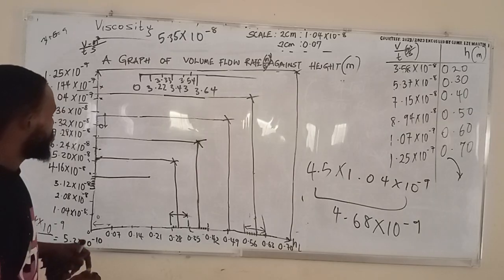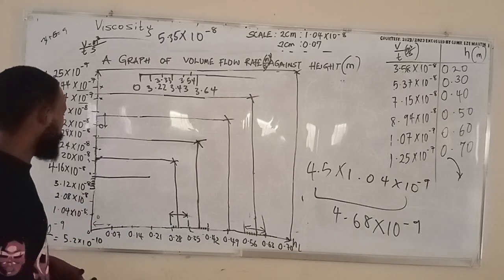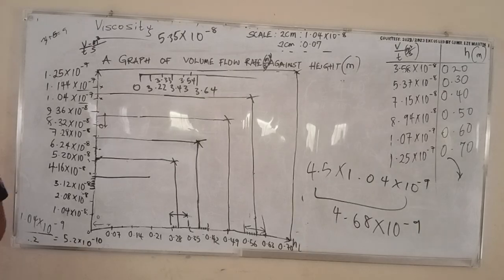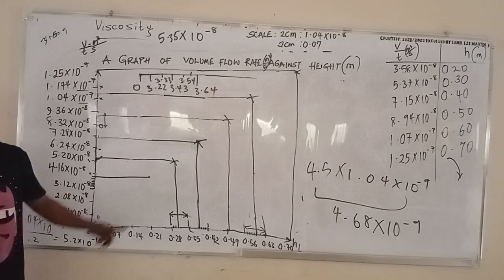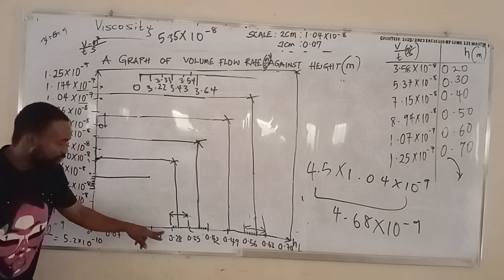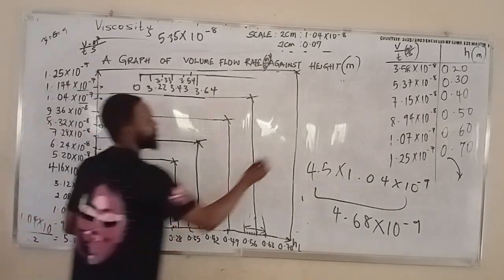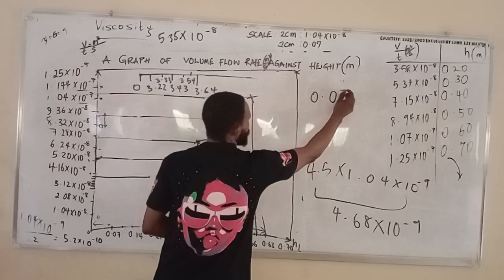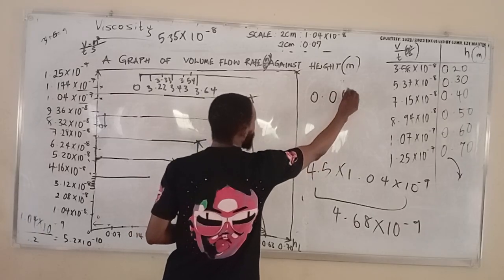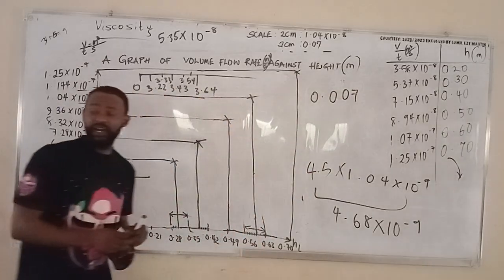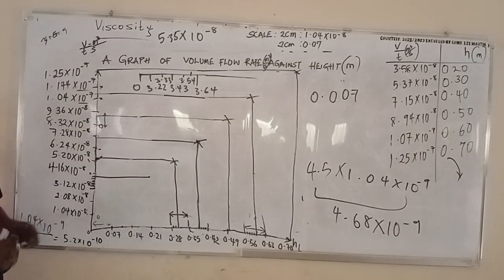Yes. 0.20. This is our 0 points. This one is 0.07, Shemi. Is this 0.07 for each line? 0.007 for each line, Shemi.